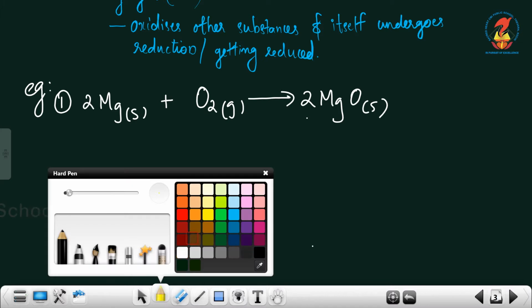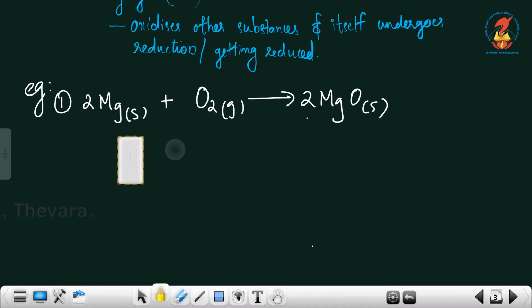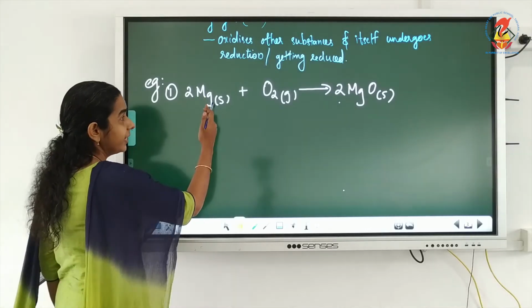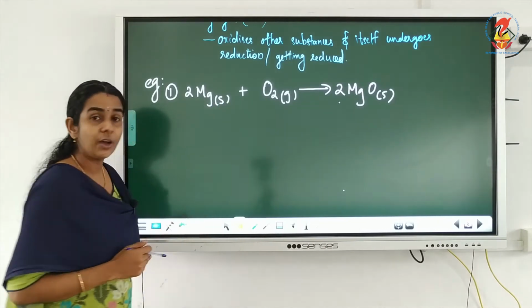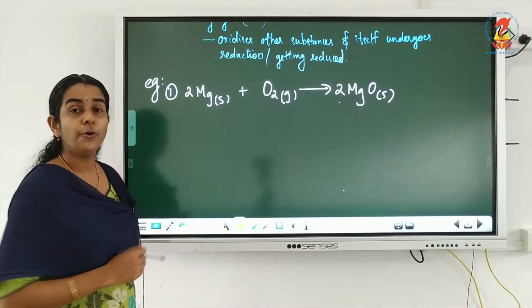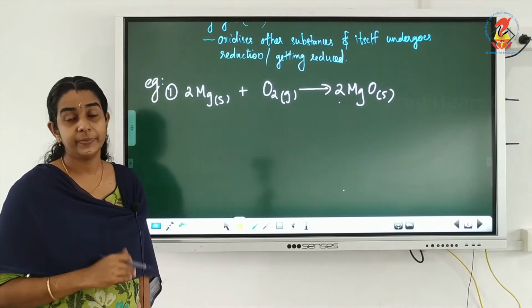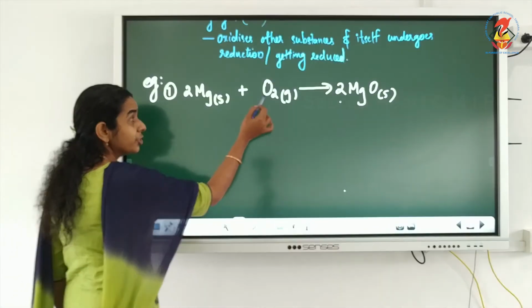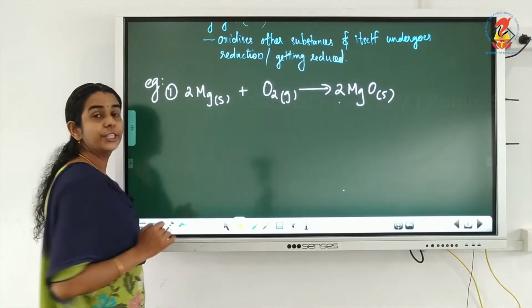How can we explain oxidation based on this equation? Look at this equation. From this equation, it is very clear that magnesium is combining with oxygen to form magnesium oxide. That means there is addition of oxygen to magnesium.